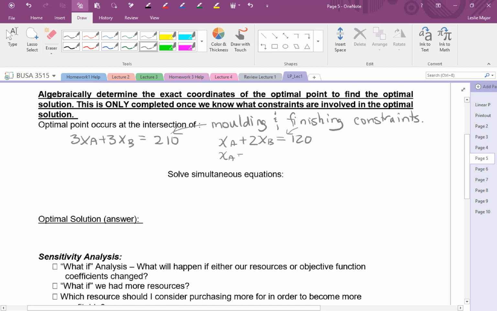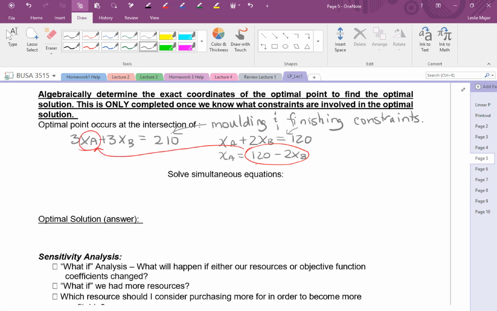So first of all, I'm going to solve for XA in the second equation, the finishing equation, and then I'm going to substitute that in for XA in the first equation, and let's see what we get. So 3 times (120 minus 2XB) plus 3XB equals 210.